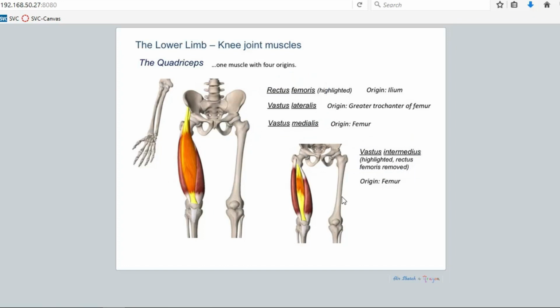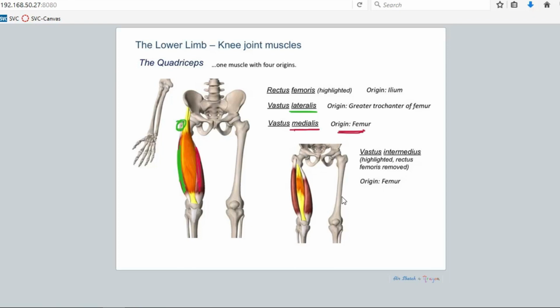So, the first one here is the rectus femoris. And you can see the origin is up here at the ilium. Then we have the vastus lateralis. Lateralis, it's lateral. And the origin is up here on the greater trochanter of the femur. Then we have the vastus medialis.